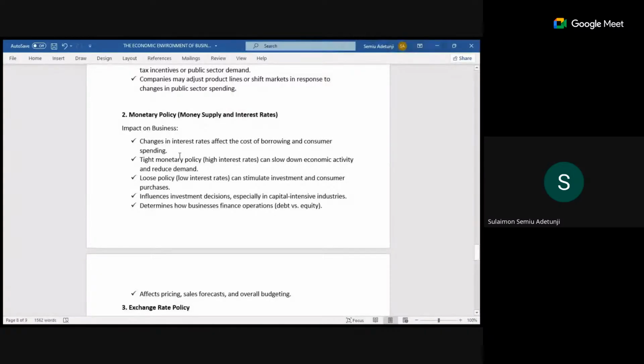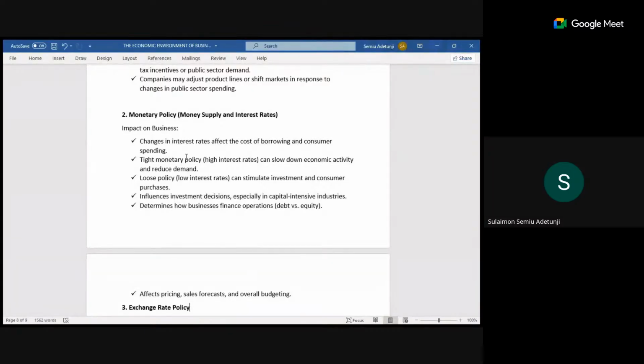Then you think twice before you go and borrow, because the cost of borrowing will have increased and affect your decision. So you need to be on the lookout for changes in interest rates.